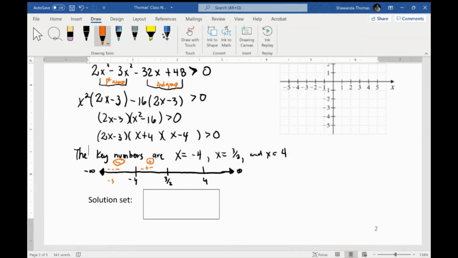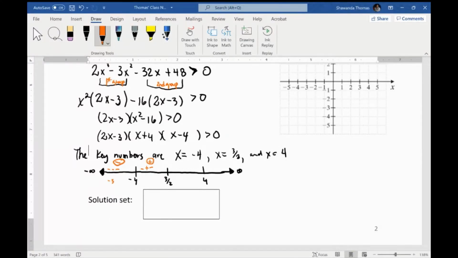All right, what's the number between 3/2 and 4? 3/2 is 1 1/2. So what should we plug in? Give me a number between 3/2 and 4. All right, we're running out of time, y'all.